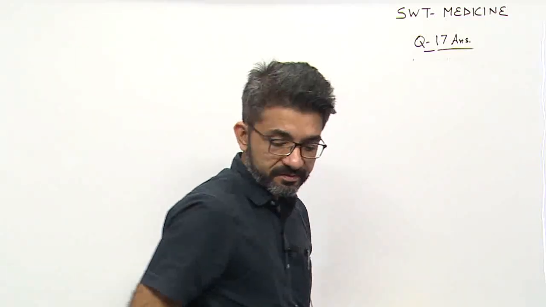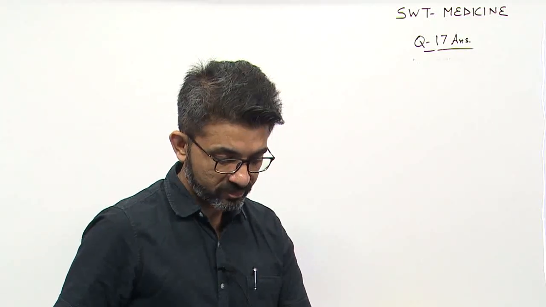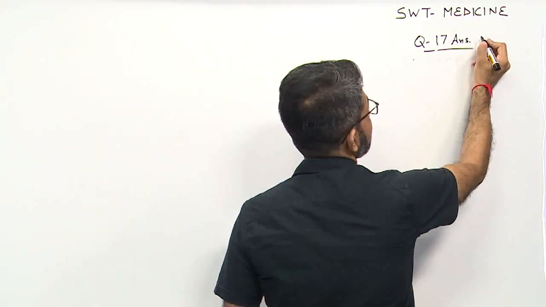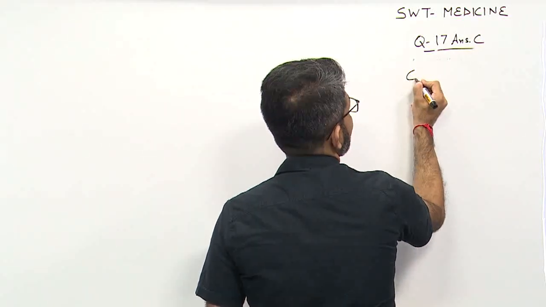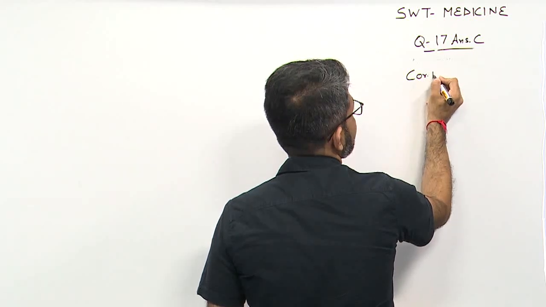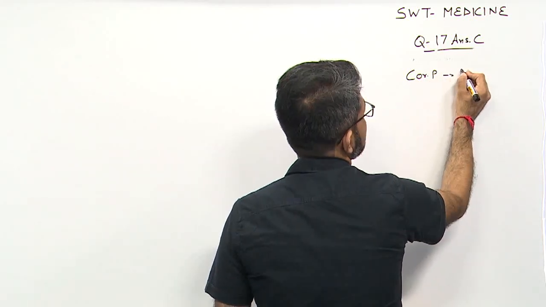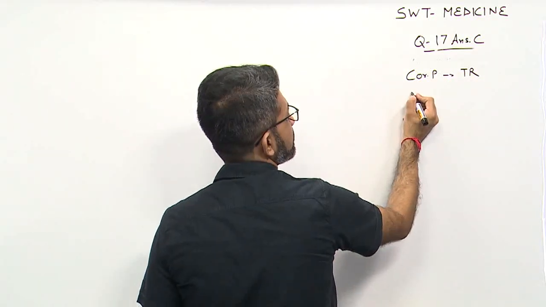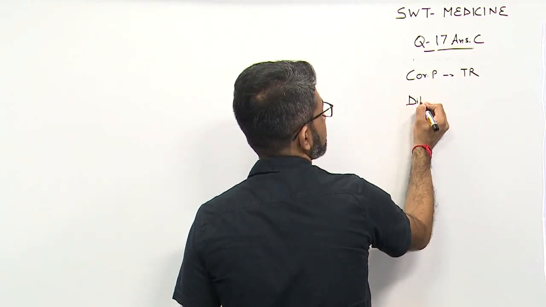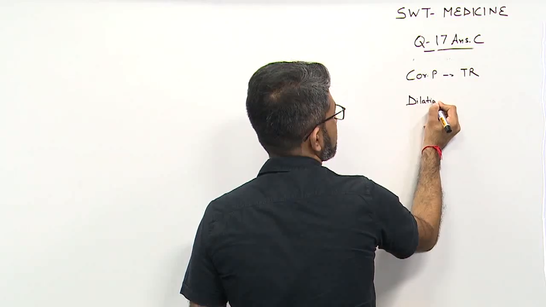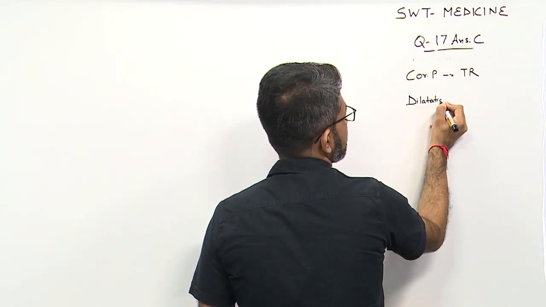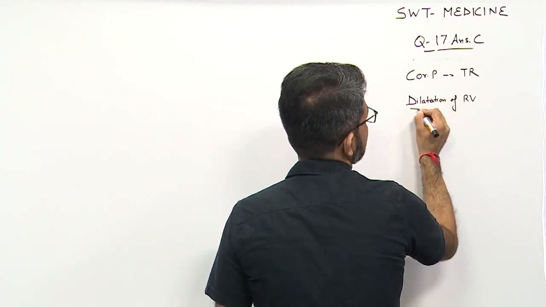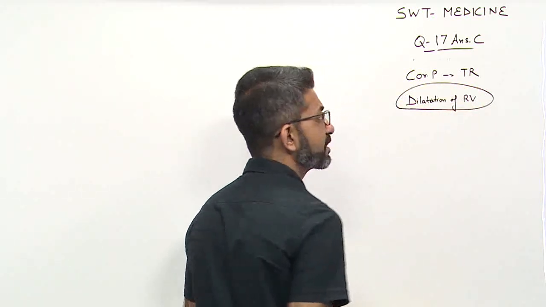Question number 17. Murmur of Corpulmonale. Corpulmonale is TR. What is corpulmonale? It is dilatation of RV. This is corpulmonale.